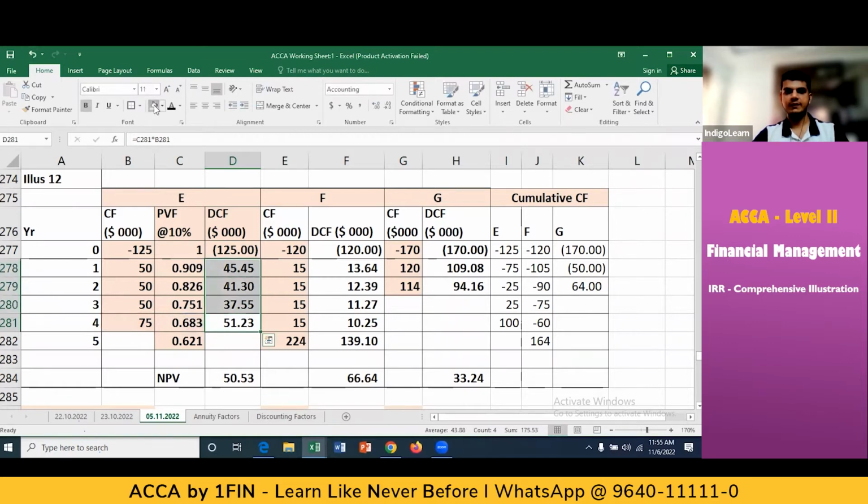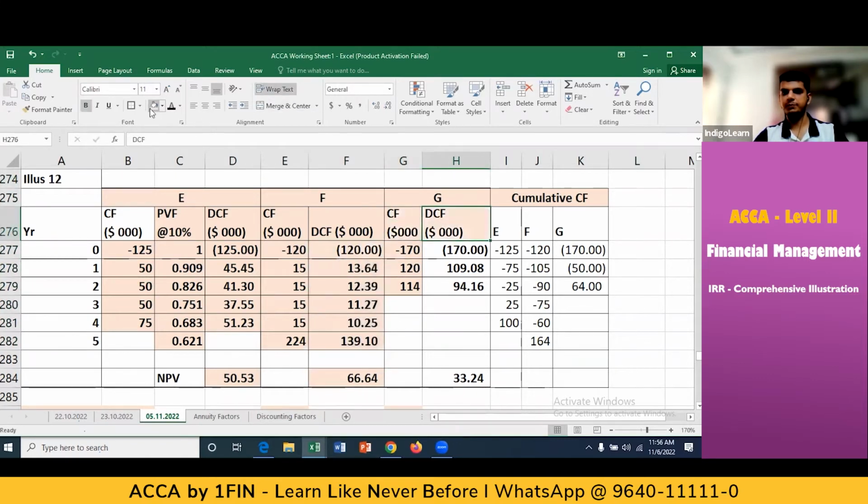So my NPV is coming to the sum total of all these things, that is 50.53 is my NPV for project E. Now similarly, I'll calculate the discounted cash flows for project F, that is just multiplying the present value factor into the cash flow of project F. We'll just multiply it and get to know that my NPV is coming to 66.64, that is just by adding the present value of inflows and present value of outflow, sum total of it.